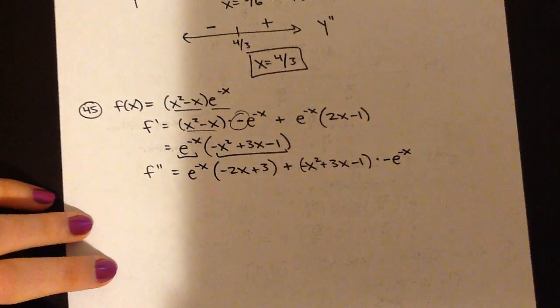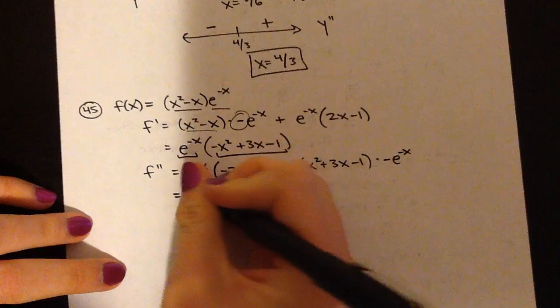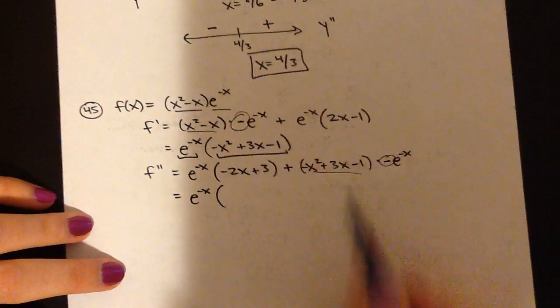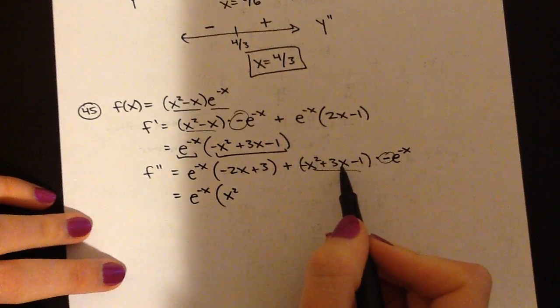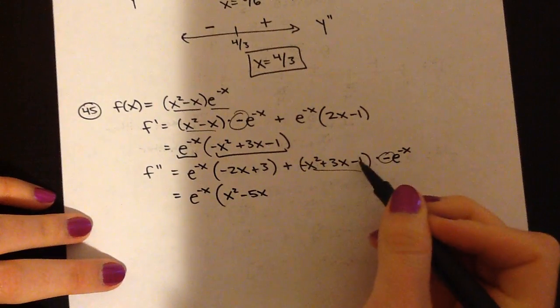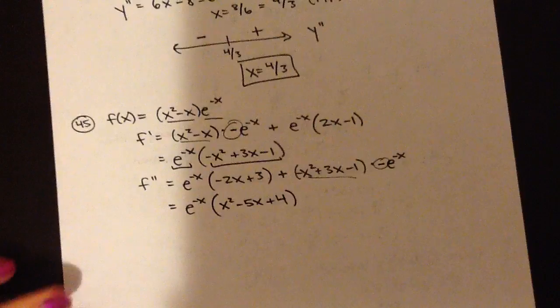Okay, so let's factor out that e to the negative x again so that I can get my possible inflection points. So e to the negative x, I can distribute this negative to these pieces here. So I have a positive x squared, a negative 3x combined with this negative 2x, and then a positive 1 combined with this positive 3. Okay, so that's my second derivative.